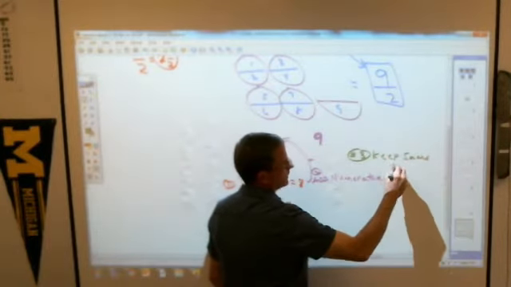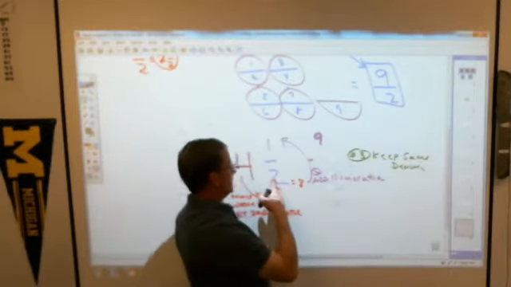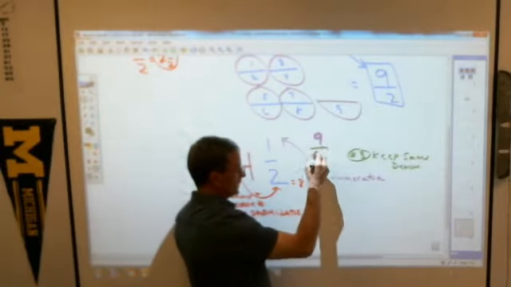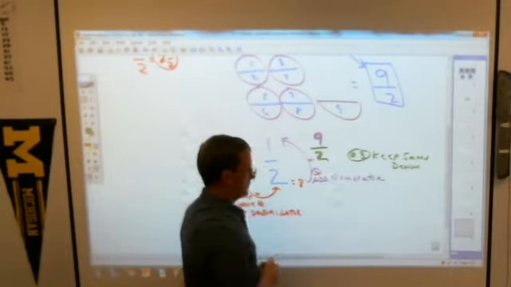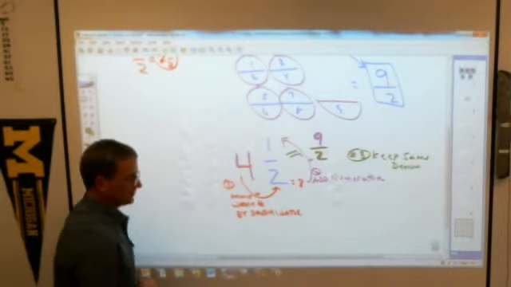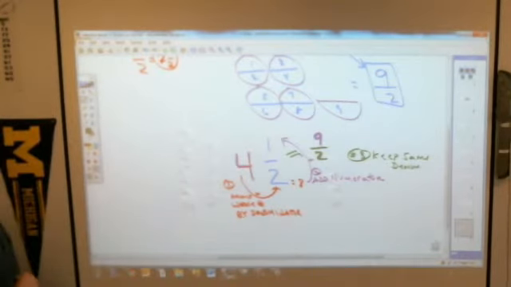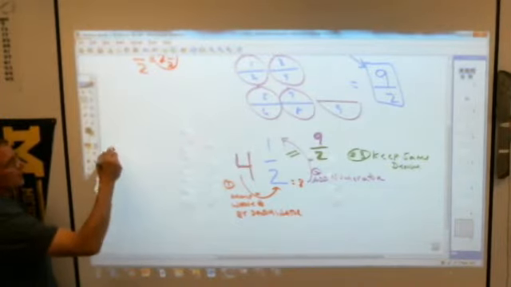Keep the same denominator. Which means my bottom number is a 2, so in my new fraction it is a 2. It's a little bit simpler than drawing the pictures. 4 1/2 equals 9 halves as an improper fraction. And it's just that easy. You should be able to do it relatively flawlessly and easily.